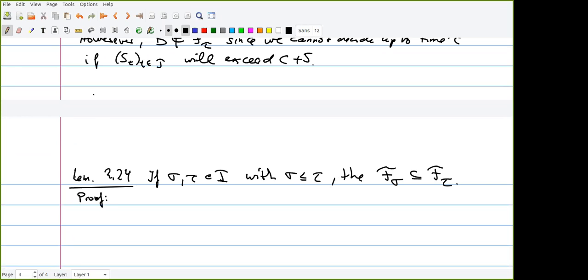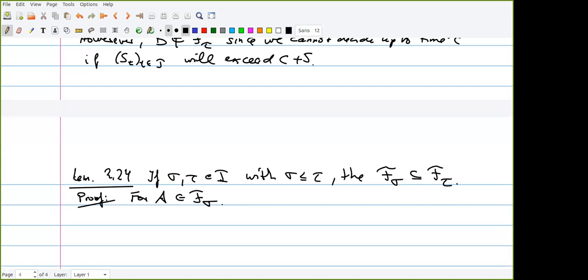Okay. Again, let's prove it. So what do we want to do? We want to show that, let's take an event A in the sigma algebra F sigma, and we want to show that this is an element in the sigma algebra F tau as well.